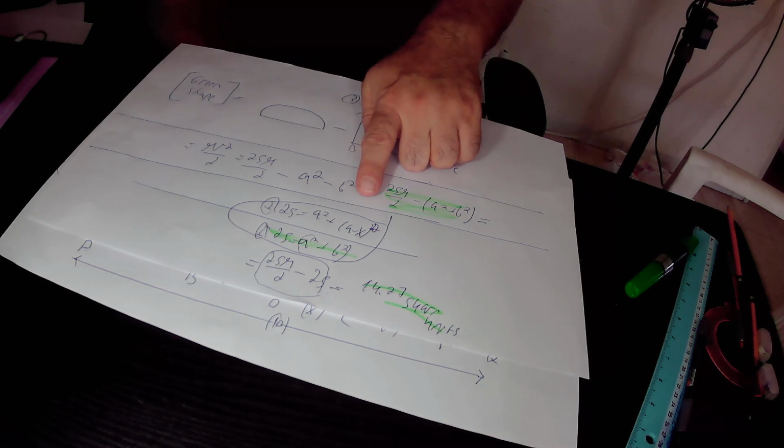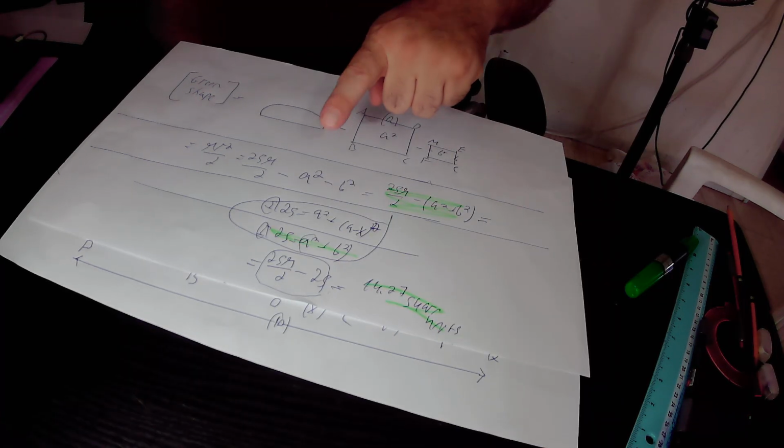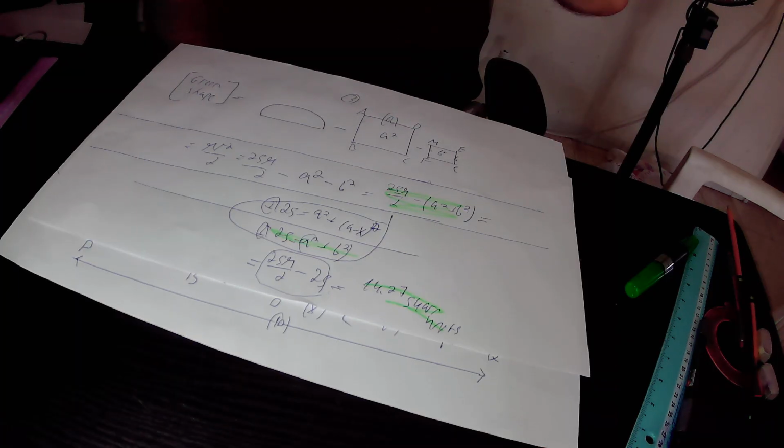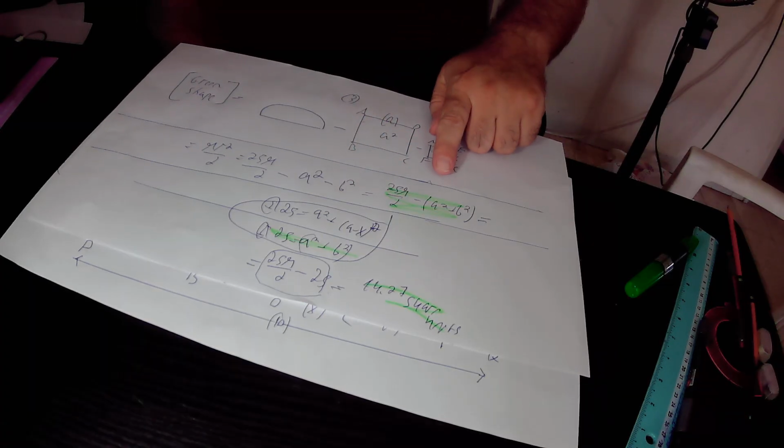So here we can substitute (A minus X) squared by B squared. In total, 25 equals A squared plus B squared. Therefore we can substitute A squared plus B squared by 25.